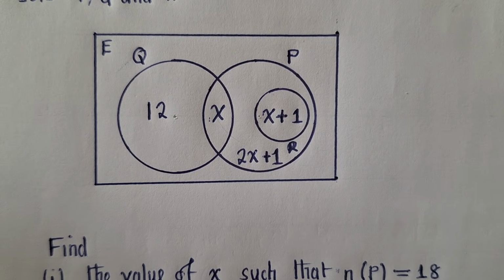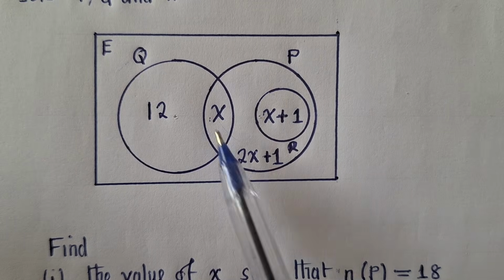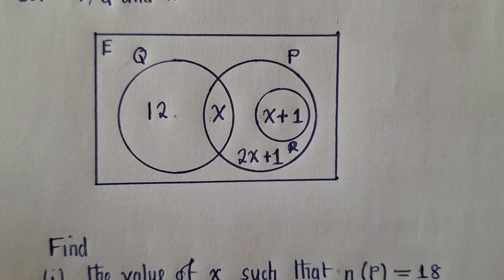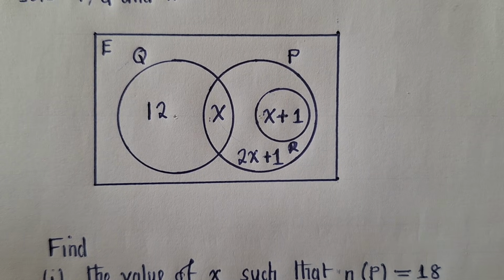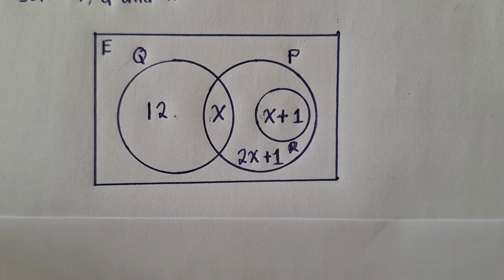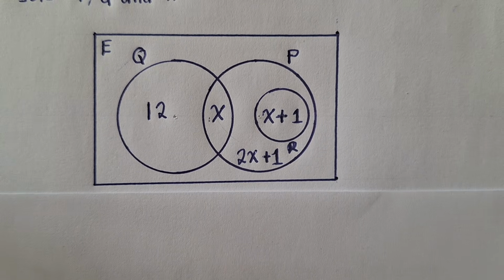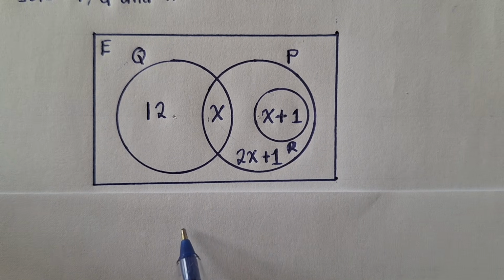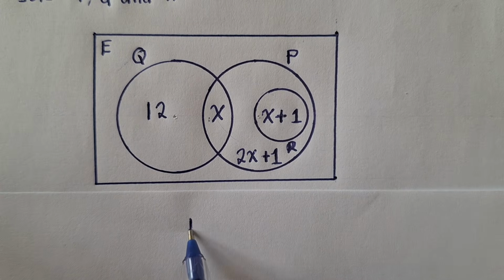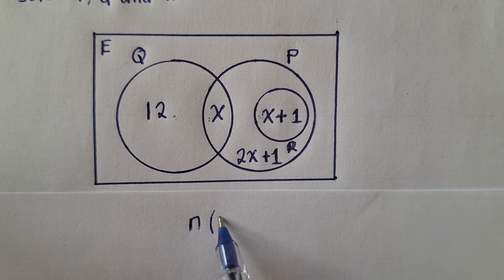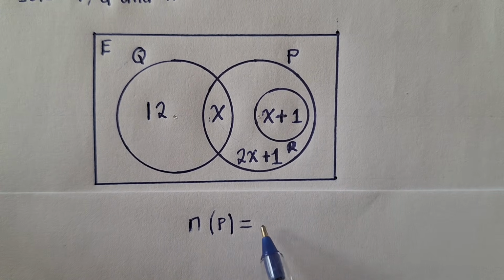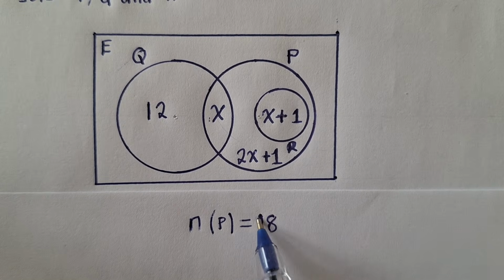So let's check set P. Set P is right here. When they talk about the N or the number of elements in set P, all you need to do is to add. So get all the elements, since they've said N of P is equal to 18.